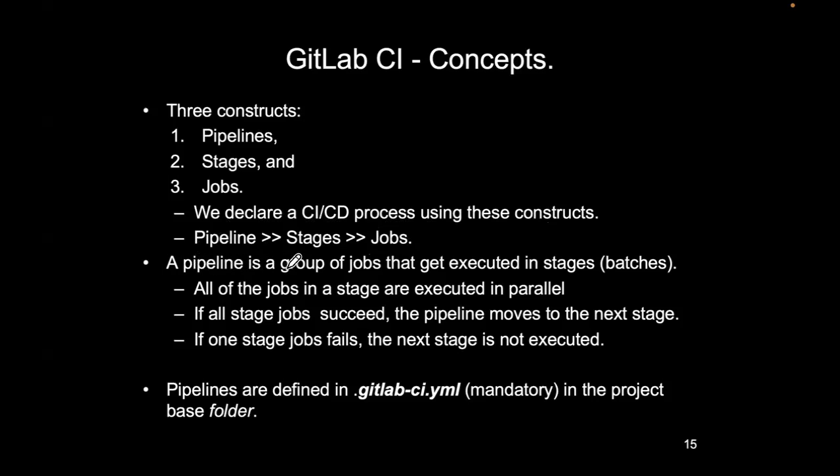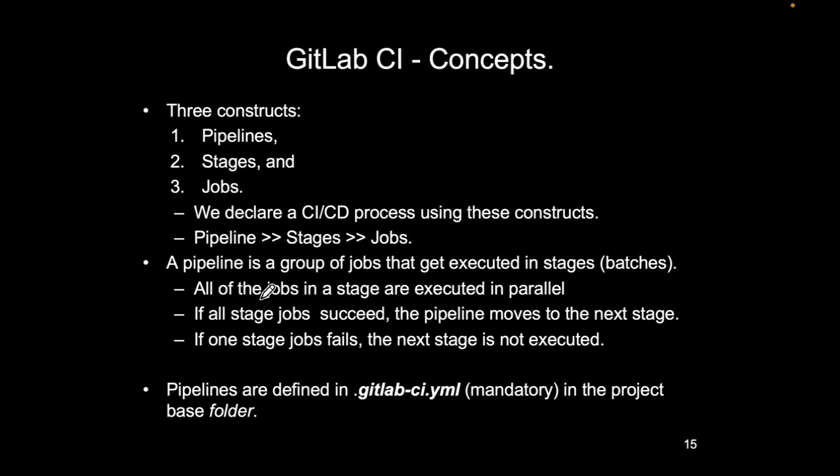So a pipeline is a group of jobs that get executed in stages, or batches. A pipeline is a collection of jobs, and those jobs get executed in stage batches, if you like. All of the jobs in a stage are executed in parallel.